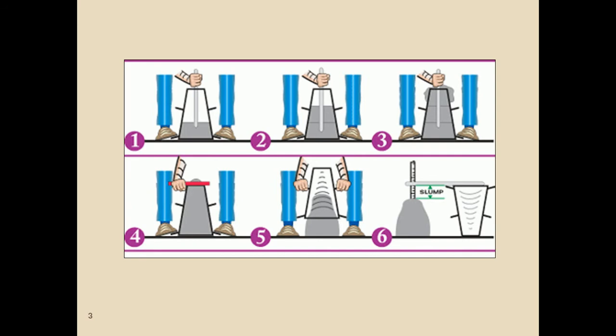With the tamping rod placed at the top of this inverted slump cone, by means of the benchmark of the tamping rod, we can measure the slump using a measuring scale, in centimeters. That is the slump value, and this slump value indirectly indicates the workability of the concrete.